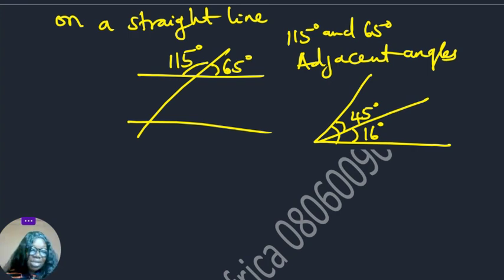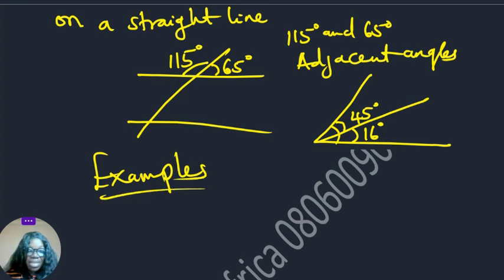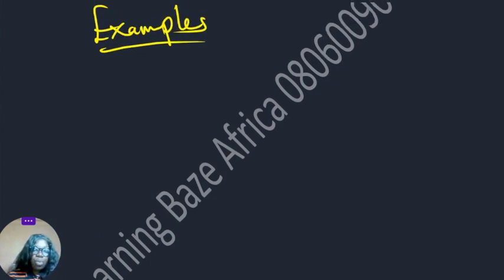So let's solve some examples together. We're going to find the missing angles in the diagram below.